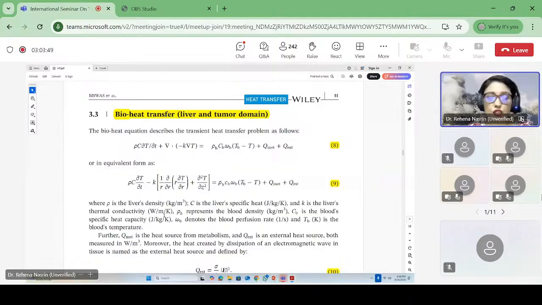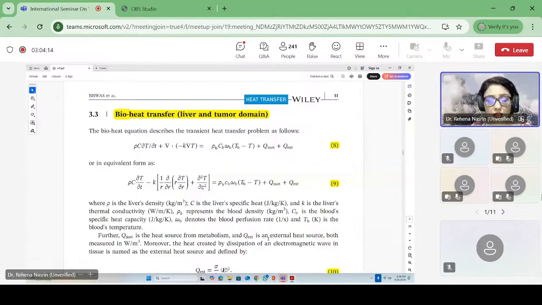So here we consider unsteady analysis, because how many seconds are needed to ablate the tumor from the liver is very important, because for a long time you cannot put the catheter or electromagnetic waves to the human body. The doctor cannot do this.